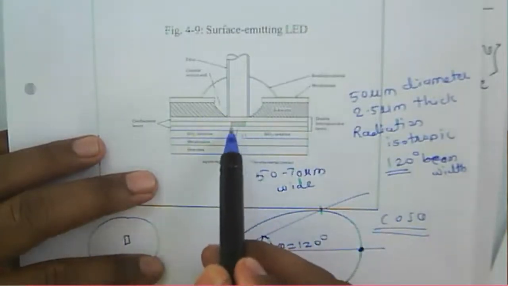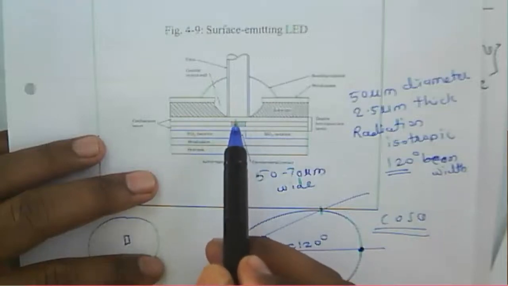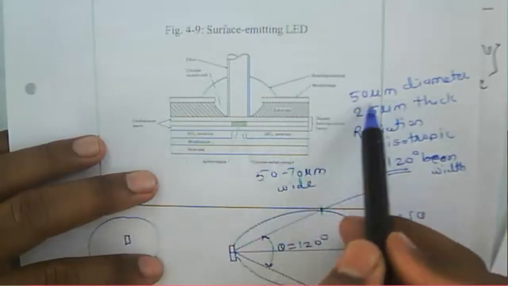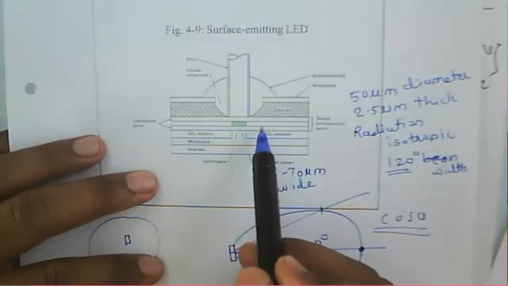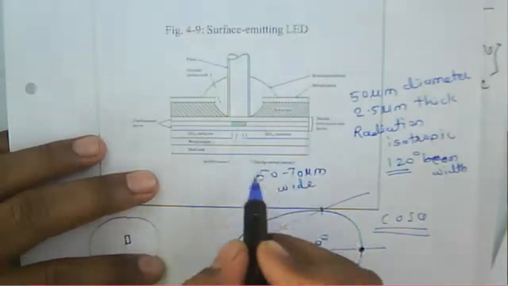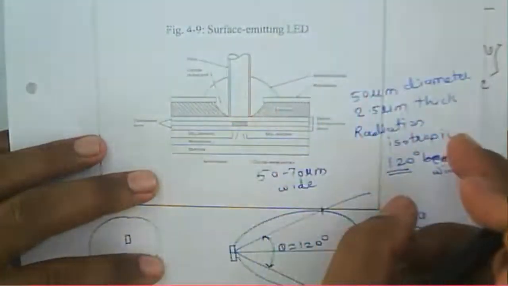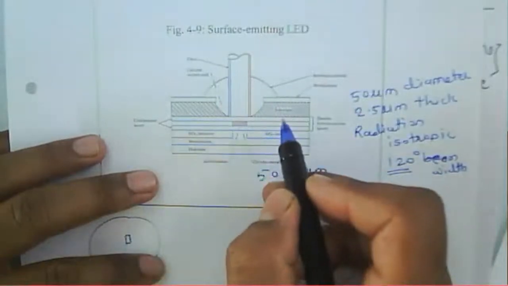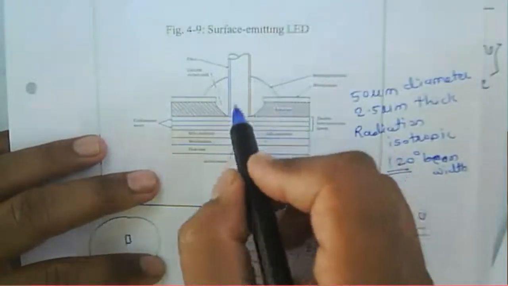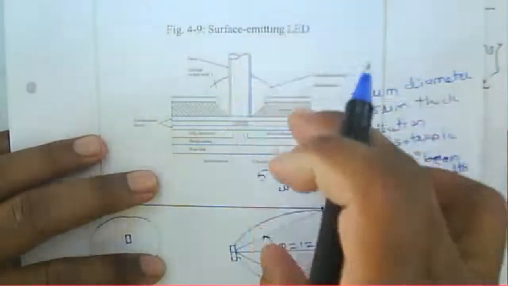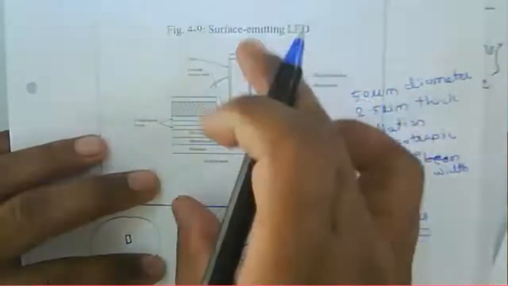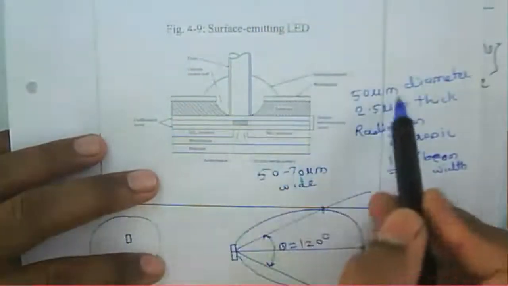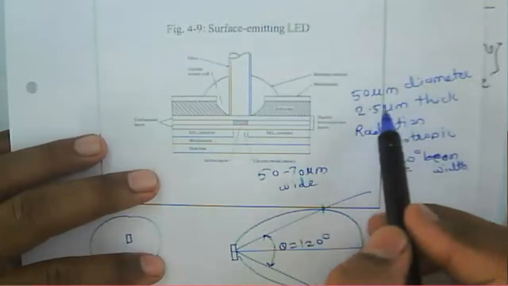The length of this active region we can increase or decrease. Generally the active region has a diameter of 50 micrometers, but we can increase the length from 50 to 100 to 150 micrometers. If we increase this length, we get more radiation. But here in this case, it is 50 micrometers.